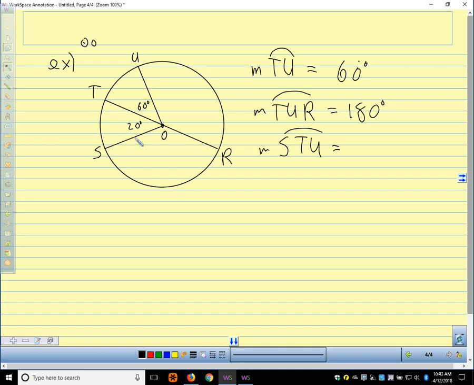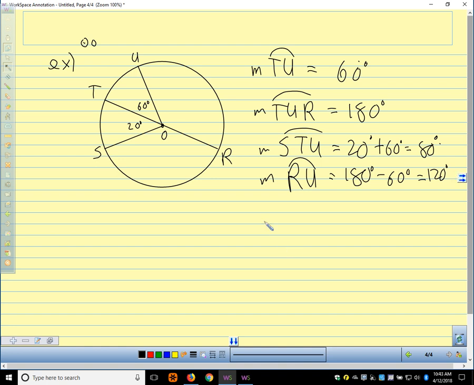Now it's going to be 80. We just add these two together. And finally, how about the measure of arc RU? From here to here. That would be 120, because we know that all the way from R to T is 180. So that's 180 minus 60. We can deal with the measures of arcs just like we would expect.